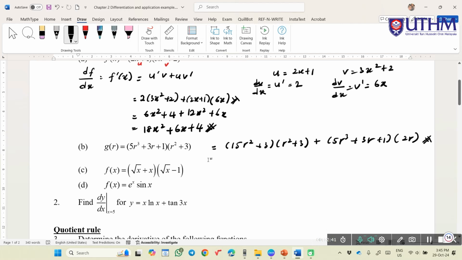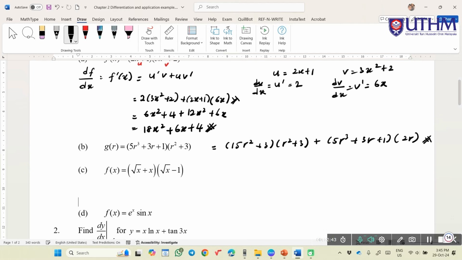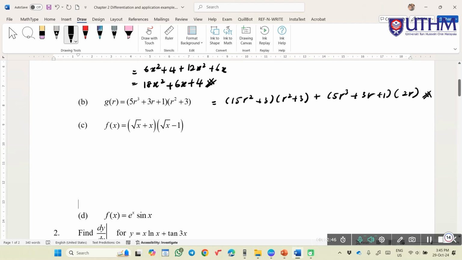Now we move to example C. Example C involves the square root, so be careful about the differentiation of the square root. This one is u, and this one is also v. So f prime x is equal to u prime v plus u v prime.